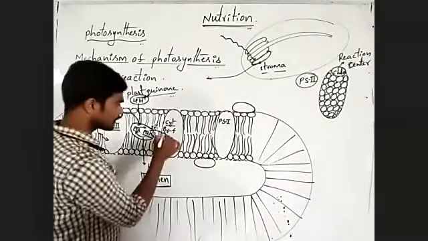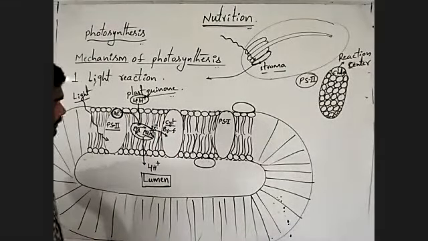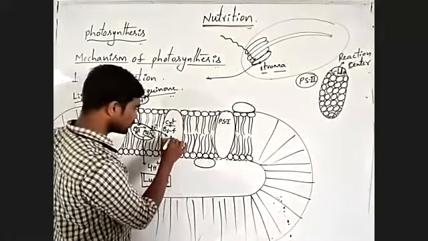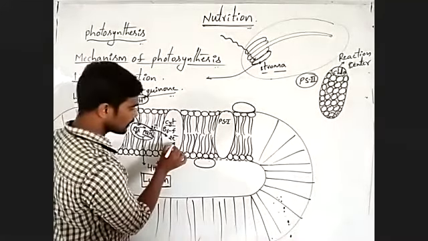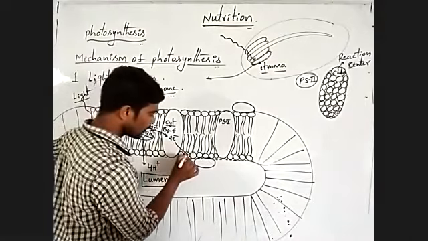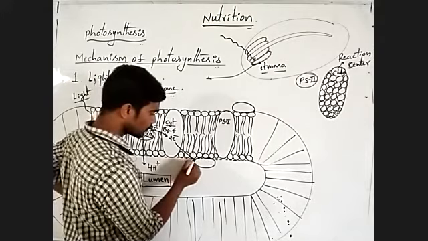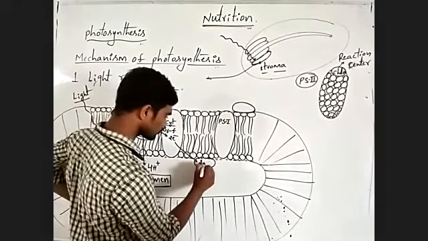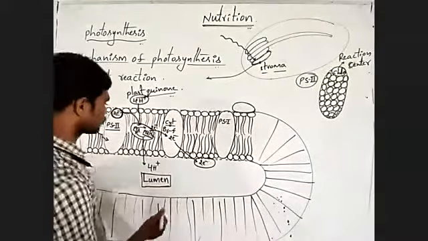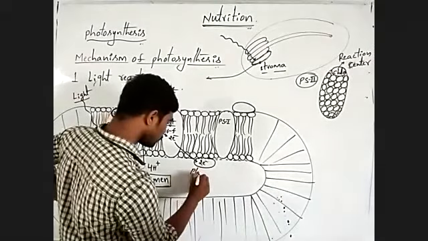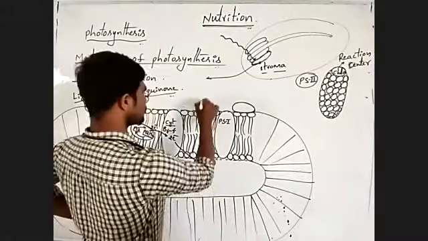Next, from cytochrome b6f, these two electrons are received by another extrinsic membrane protein, that is plastocyanin.